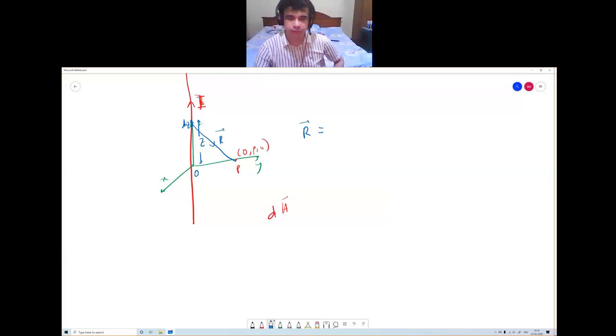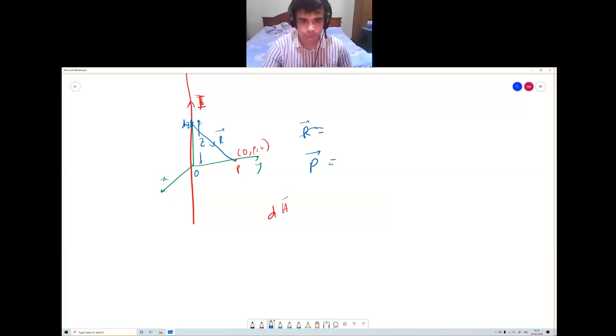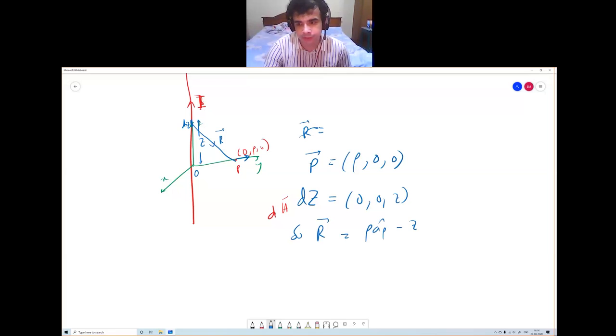Cylindrical. So what are the coordinates of P in cylindrical coordinate system? Rho, 0, 0. And this dz has the coordinates of 0, 0, z. So r vector would be rho a rho minus z az.